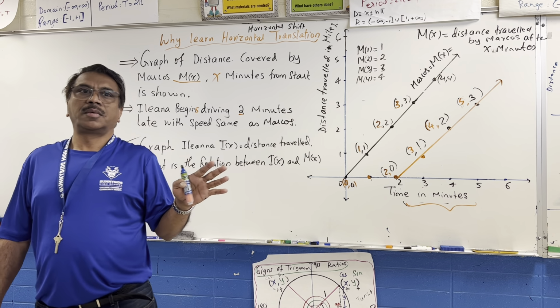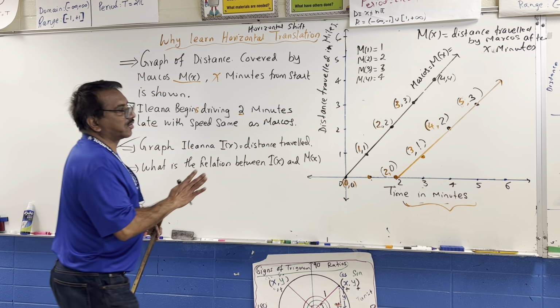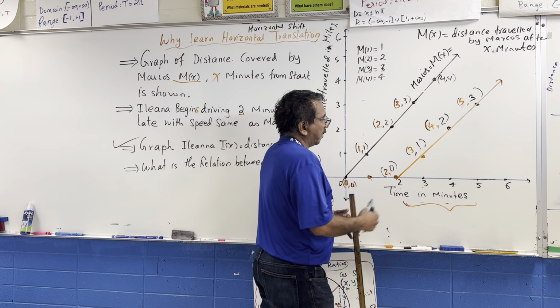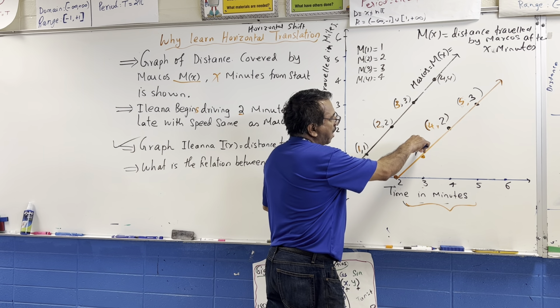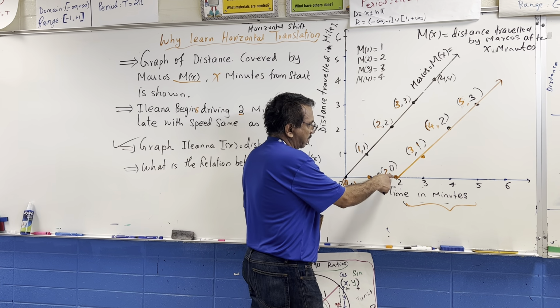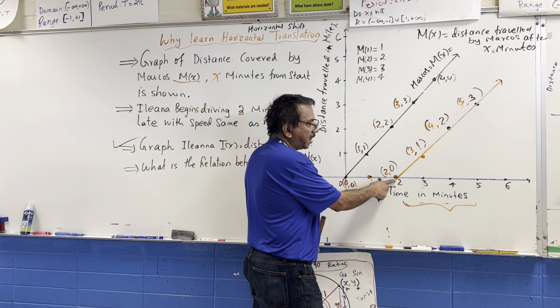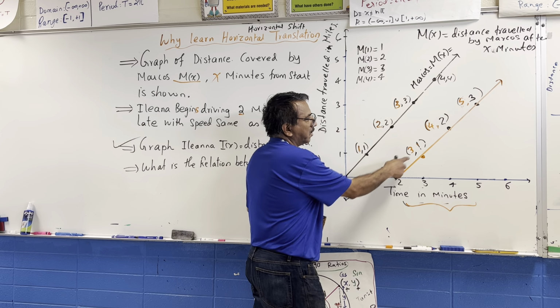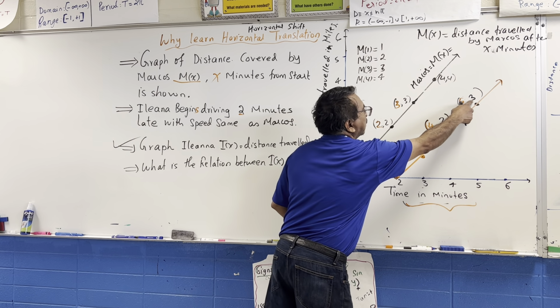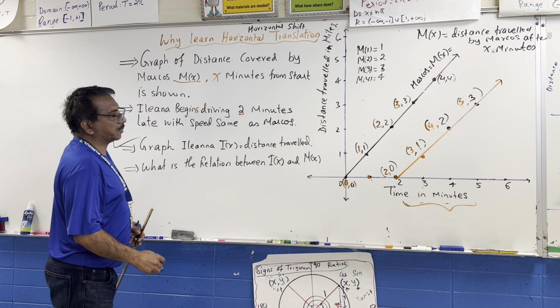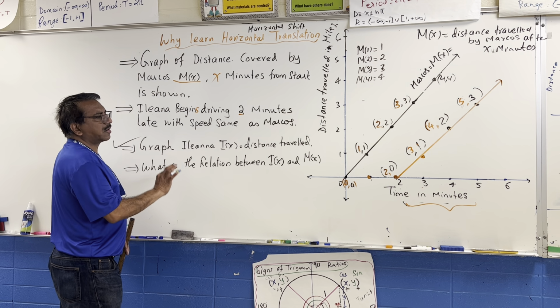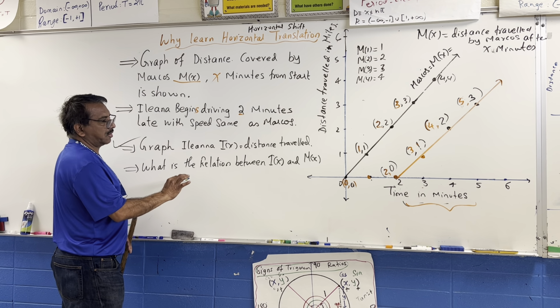Okay. And the next part is, watch this. Now I'm going to speak about the height. Look at this. The distance traveled by ELianna is 0. This is 1, this is 2, and this is 3. So my question is, let me start writing like this. Watch. This is really good.